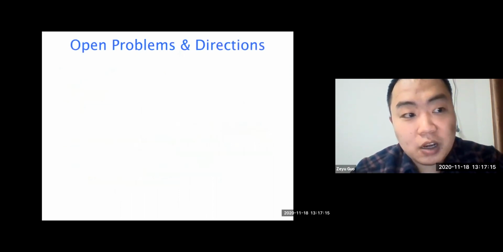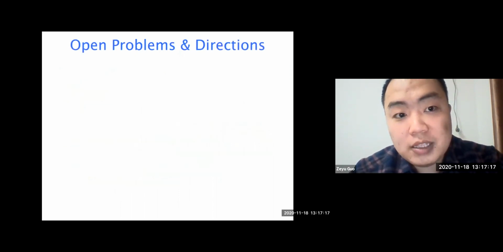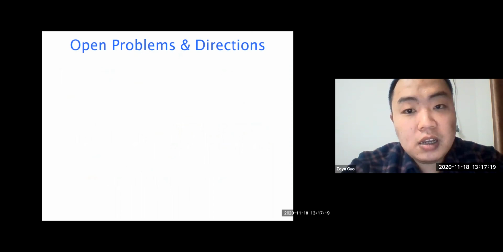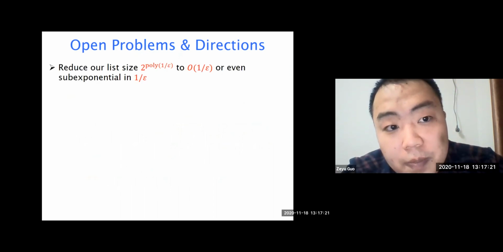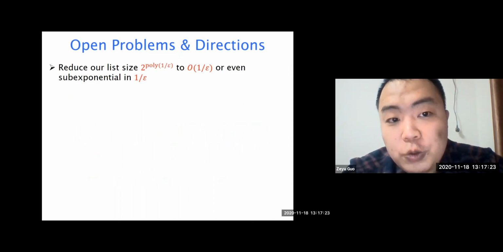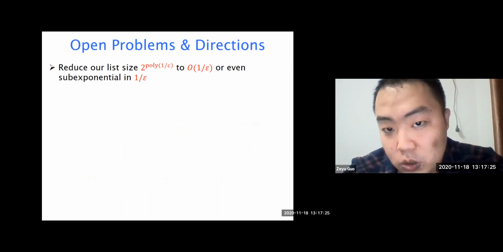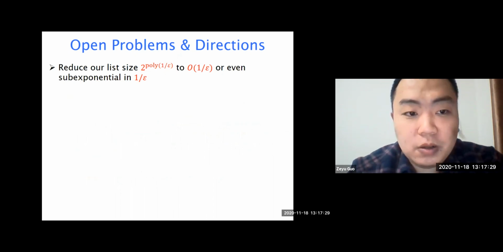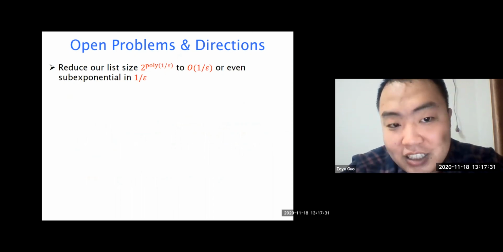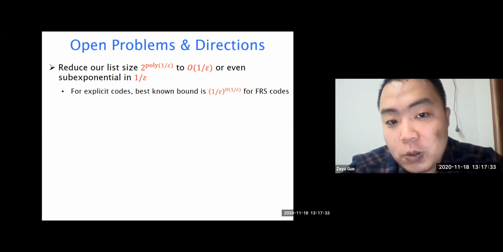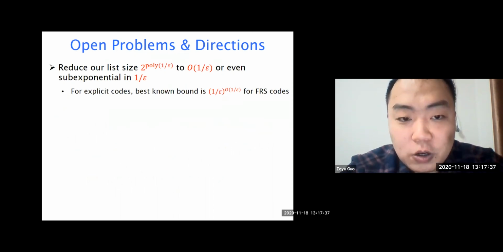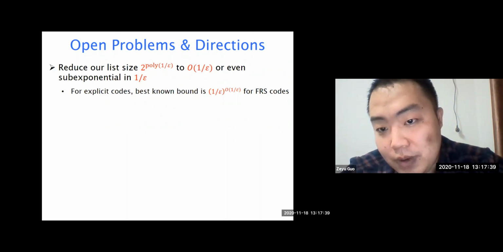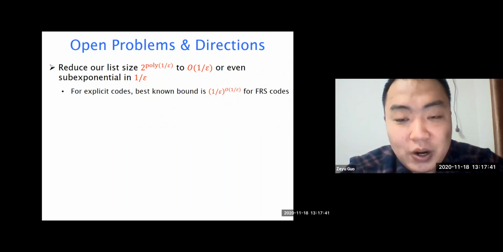Okay, so let me conclude the talk with some open problems and directions. The first open problem is how to reduce our list size from exponential to optimal or even sub-exponential in one over epsilon. And I want to remark that for explicit codes, the best known bound for explicit capacity achieving codes is achieved by Reed-Solomon codes, and it's already exponential.